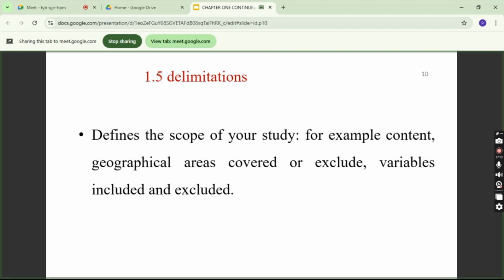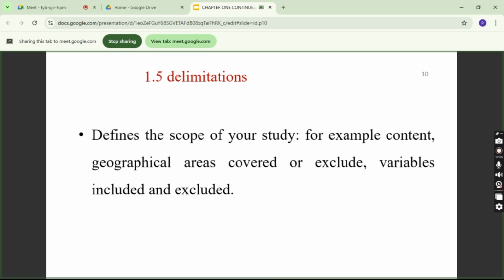So this delimitation is telling us that the content that we are talking about, the content as in your subject area, your specialization area, the geographical area. If you are in, I can say, MA Basic School, that is your geographical area. If you are in Commander MA Basic School, that is your geographical area.